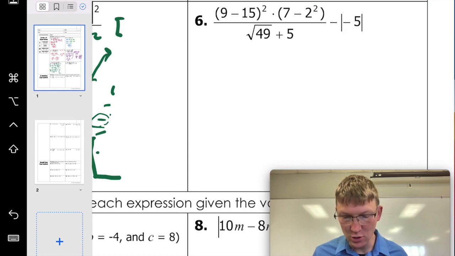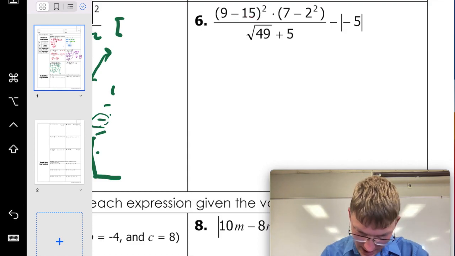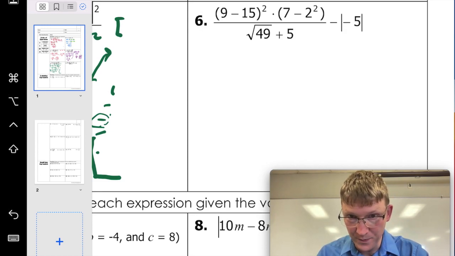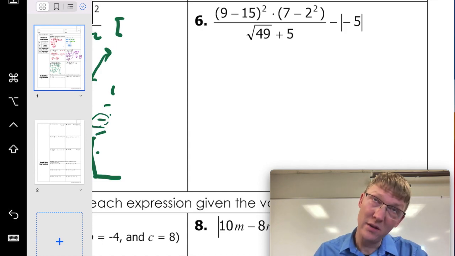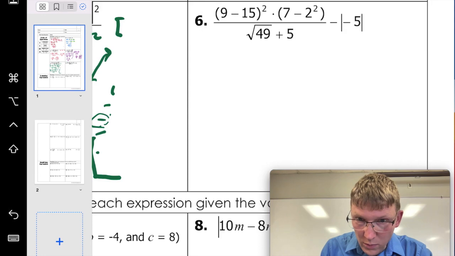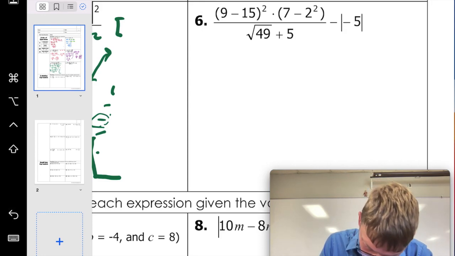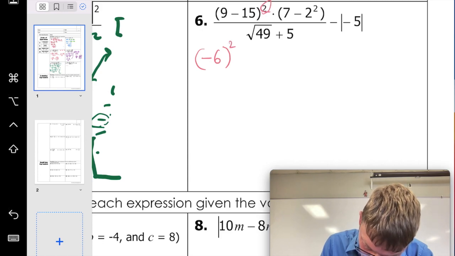Again, start with your grouping, work your way out. So our first grouping, we've got 9 minus 15. So let's see here, 15 minus 9 would be negative 6. So we've got negative 6. That guy's still squared from that dude.